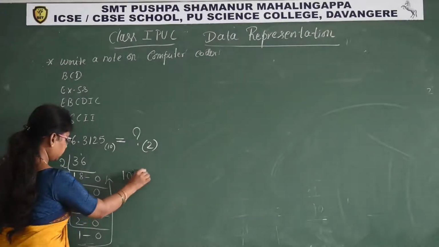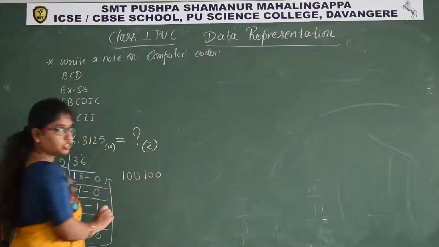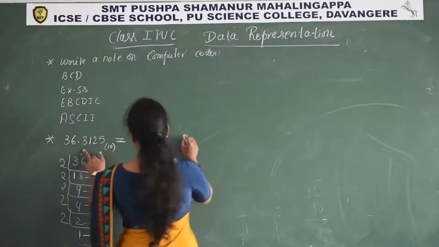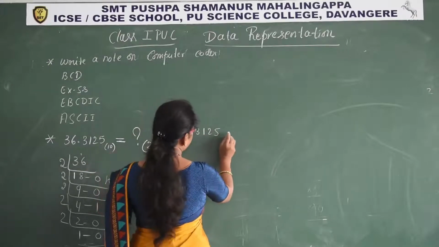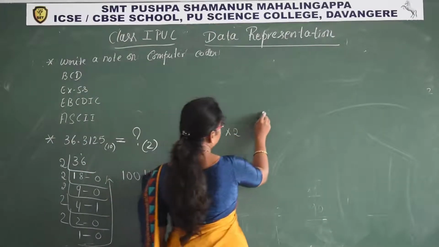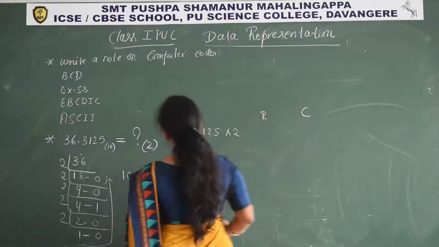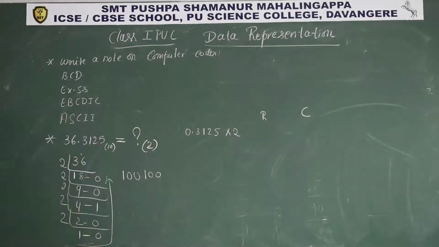That gives 100100, which is the integer part. And the fractional part is 0.3125. So we have to multiply by 2. If you multiply, you can use a simple calculator in the examination also.